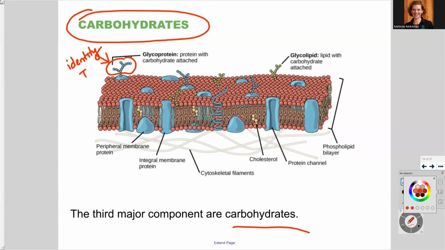The ID. They can also be involved in attachment. So they're kind of sticky. Like if you think of sugar, right? And so it can also be involved in attachment. All right.